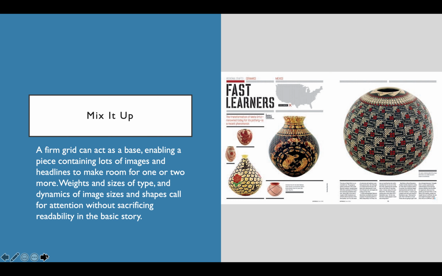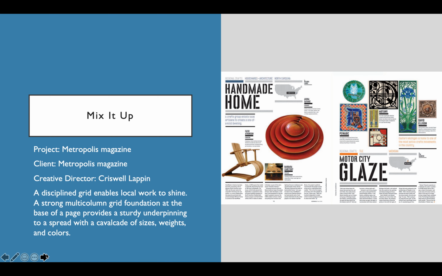So you can see here, we've got this firm grid base, and we've got these kind of lines, these bars that run throughout that draw everything together. But the way that they've used the actual objects, the craft objects, and displayed them in the space kind of gives this fun energy to it. So with this disciplined grid, we are allowing the individual images, the pieces that are made by these craftspeople, to really shine.